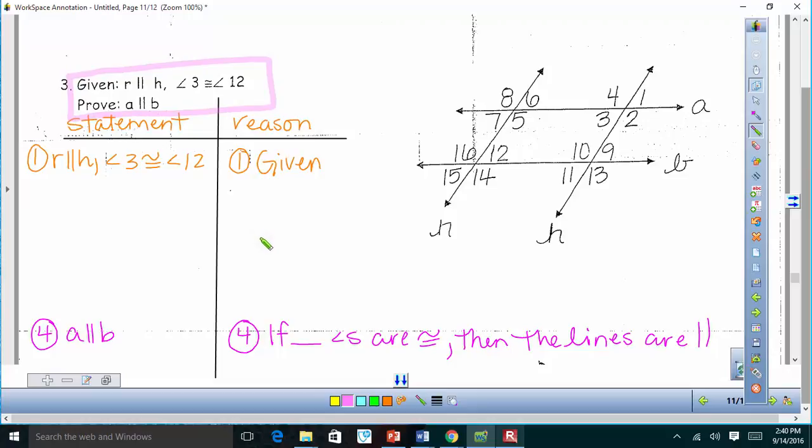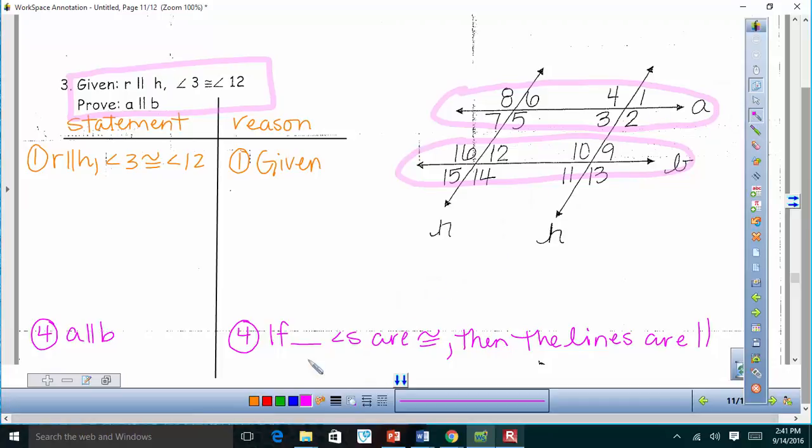Okay, it tells me that R is parallel to H. So if R is parallel to H, which two lines are my transversals? A and B, the two they didn't list. So I'm going to circle line A and I'm going to circle line B because that's what I'm going to work within.